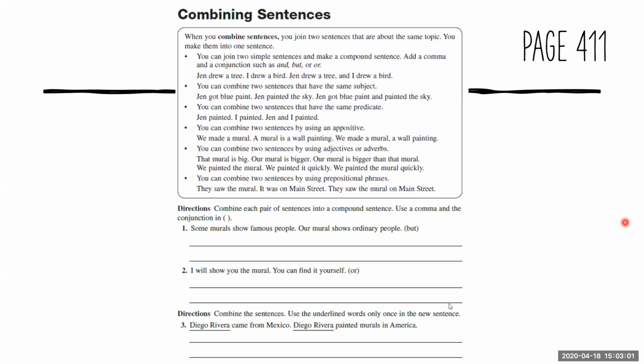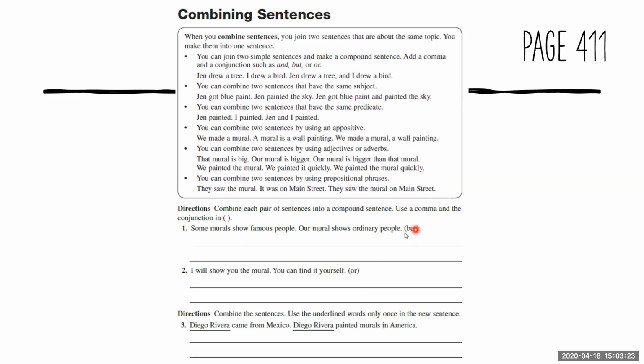So on this page, we have a couple of questions which need to be answered. So let me just move that out of the way. Combine each pair of sentences into a compound sentence using a comma and the conjunction. This gives you the conjunction on each of these sentences. It says some murals show famous people. Our murals show ordinary people.